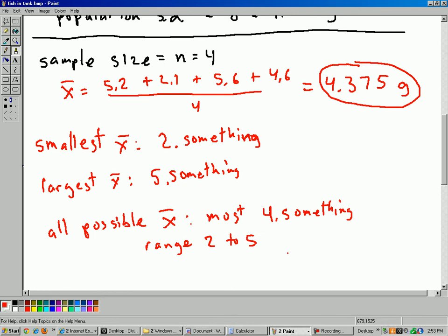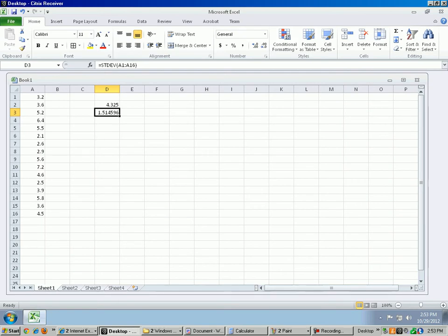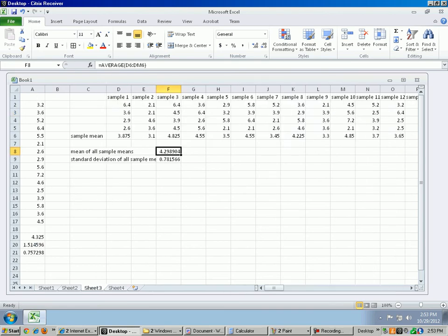All right. Now let's actually do some more samples. I set up an Excel sheet here that will do that for us. Here's our same population of fish. You don't have to do this for homework, but here's what I did.